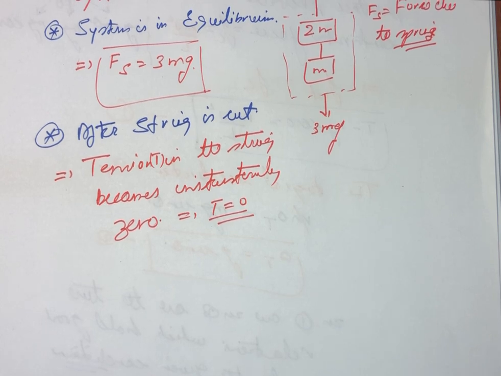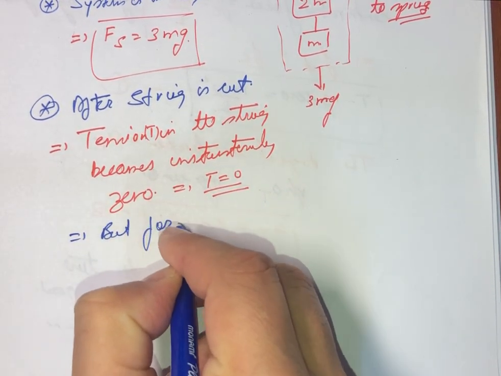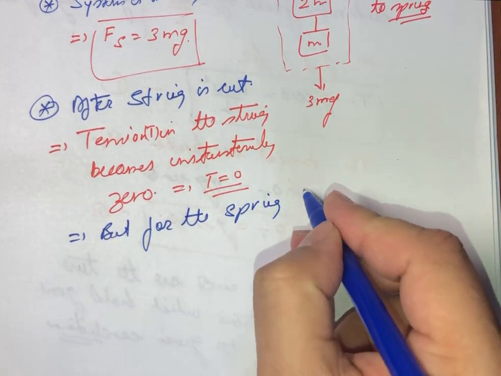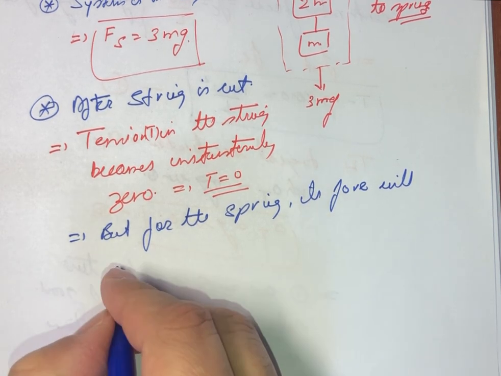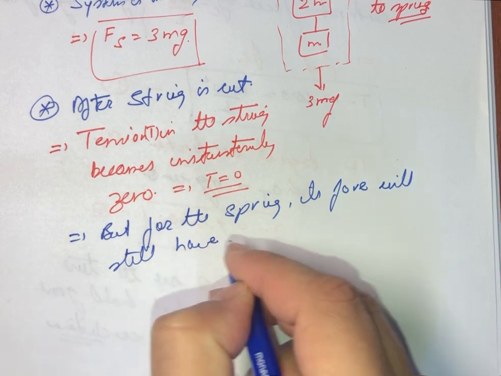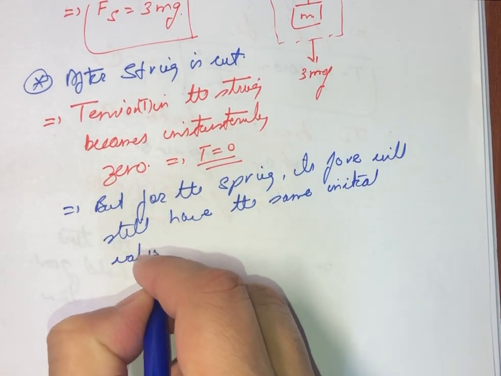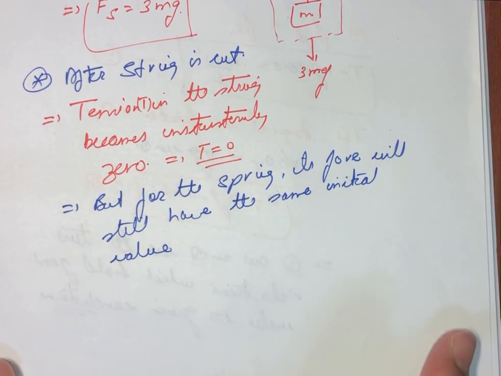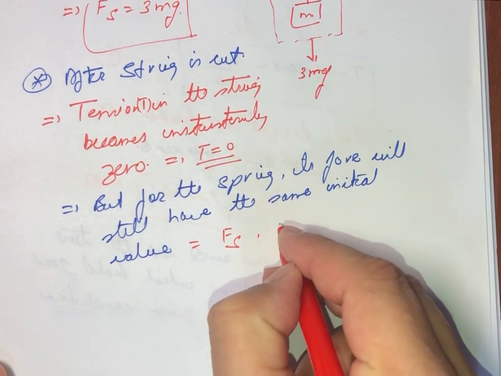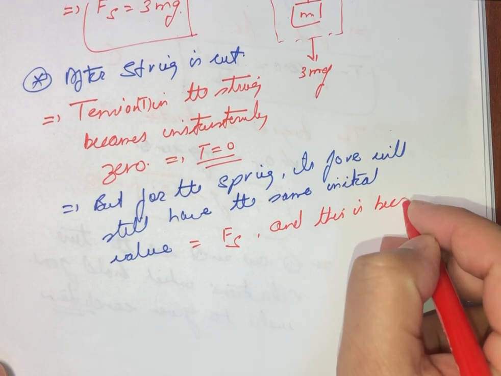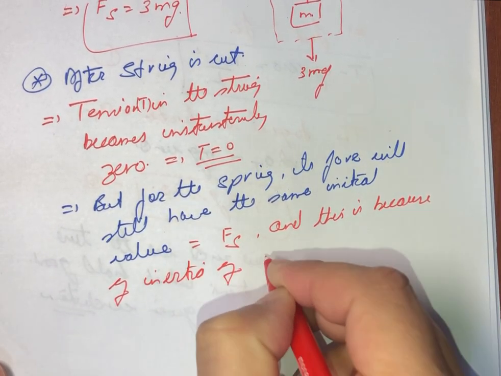But for the spring, its force will still have the same initial value, which basically means that it will be equal to Fs, and this is because of the inertia of the spring.